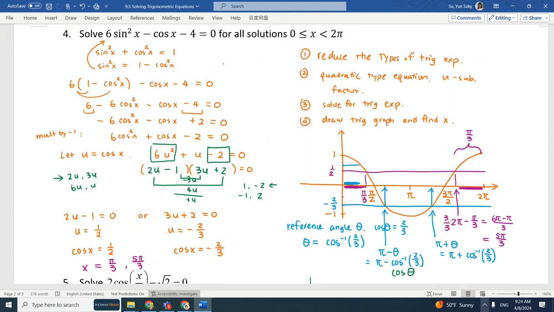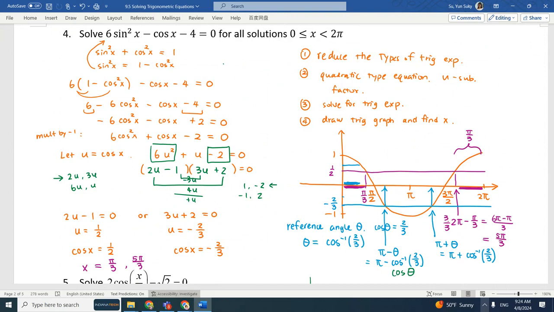That's why when we were learning in section 8.3, I told you don't just use your calculator. You need the trig graph, because your calculator only gives you one answer. It won't give you all the solutions. So look at the trig graph, relate our solutions to the reference angle, and you get the answer.